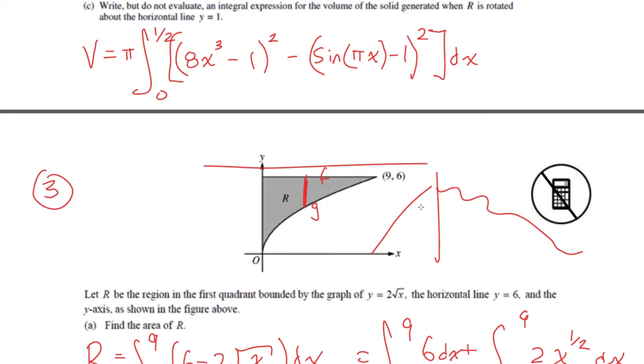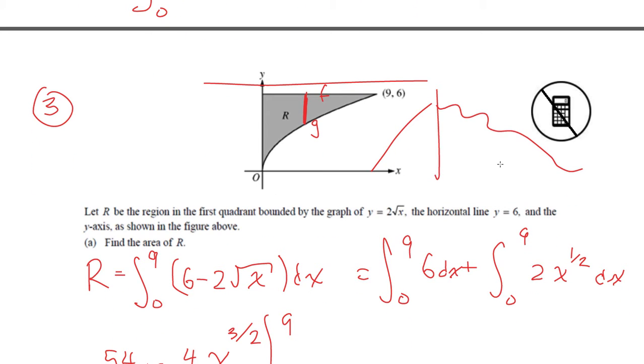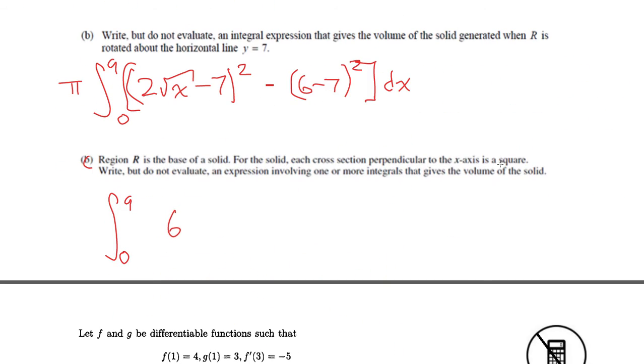If there's a function on the left and a function on the right that intersect at a point, that's the only time that you add them. So pretty much always subtract. So it's going to be 6 minus 2 square root of x, that quantity squared dx. Done.